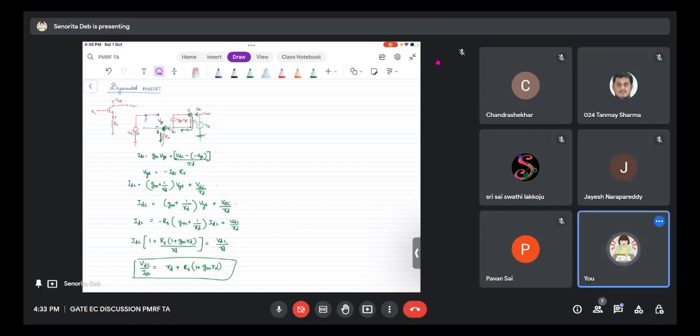Is this clear? So Jayesh, you have joined recently. Is this making sense to you? This is only calculation. I'm not asking about any theory or anything. Anyways, you were there in the last class as well. So please unmute yourself and answer.